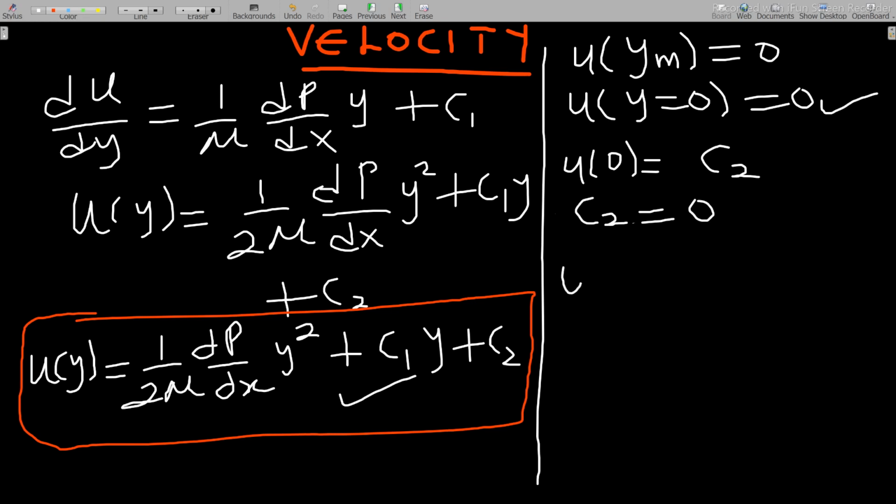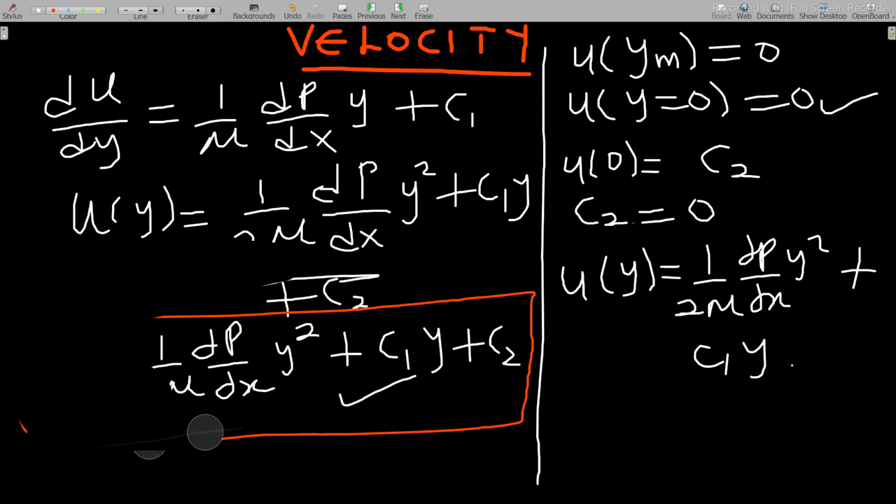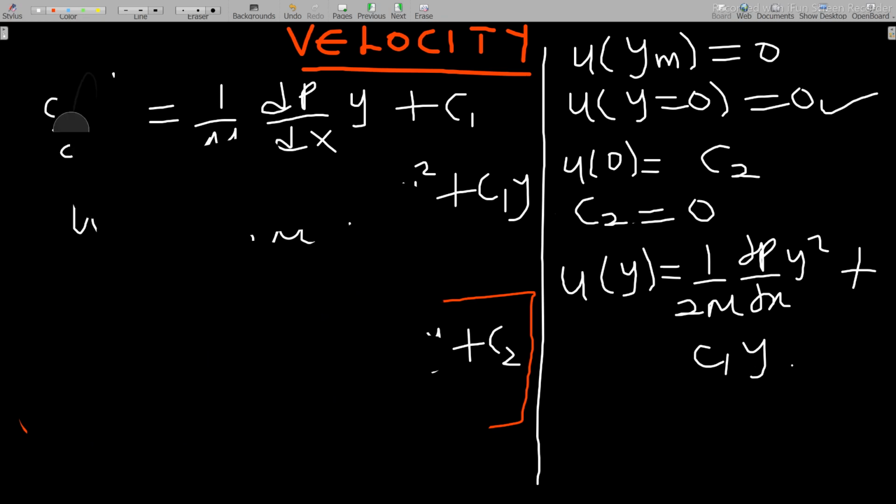So the whole velocity equation becomes 1 over 2 mu, del p del x, y squared plus c1 y. We already know c2 to be 0, so let's erase this place quickly and talk about c1.